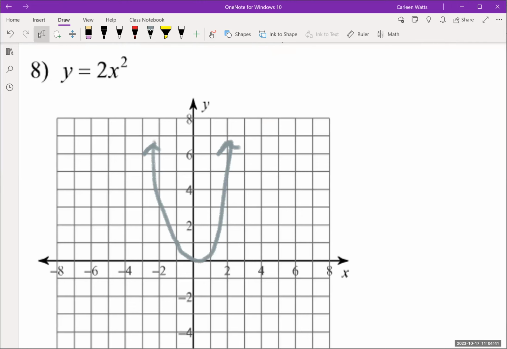So now, if I'm going to take all my y values after I square them, I'm going to multiply by 2. That is going to climb more quickly. Okay, so if there's a number greater than 1, it becomes a skinny graph. It climbs more quickly.